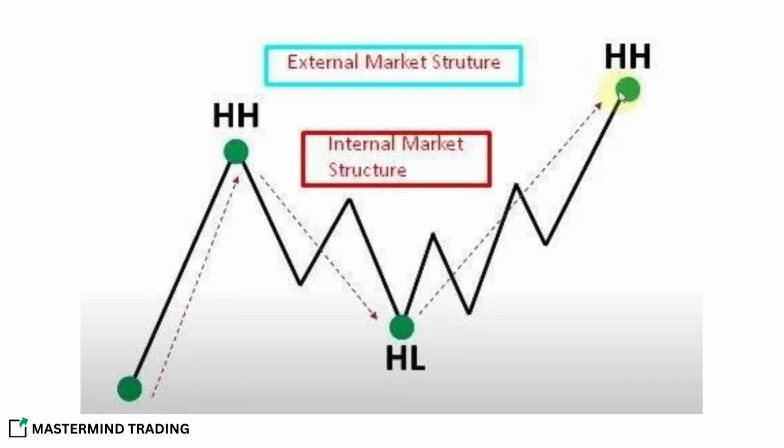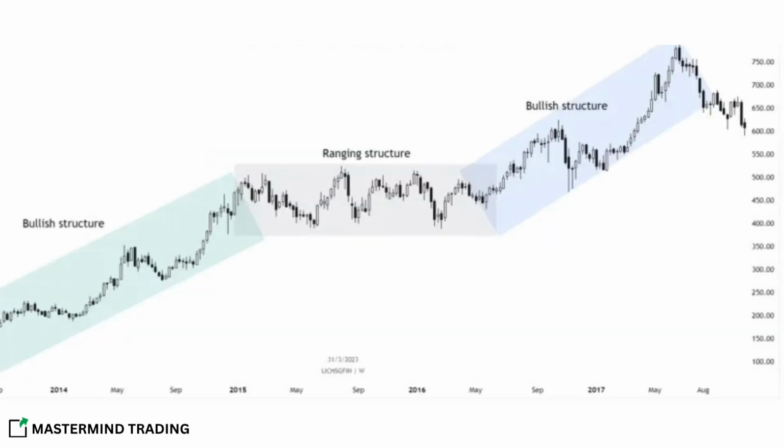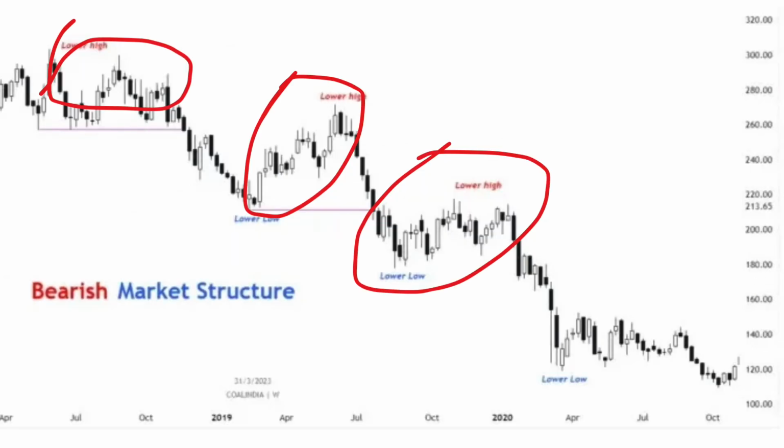As seen on this image, while this might look like a bullish structure, within it you can find smaller highs and smaller lows, and even a very long range within the overall uptrend.